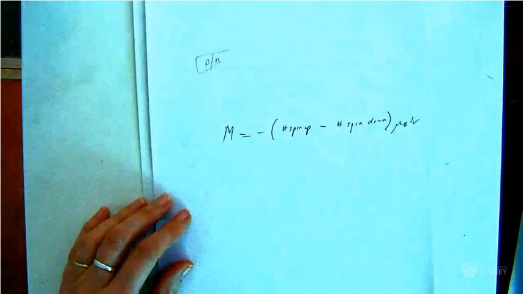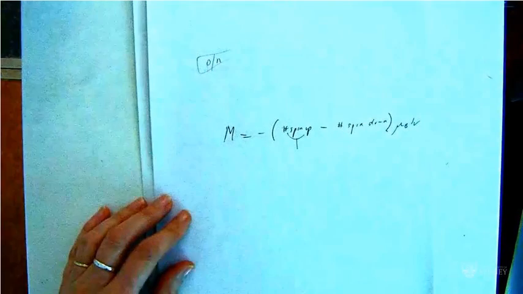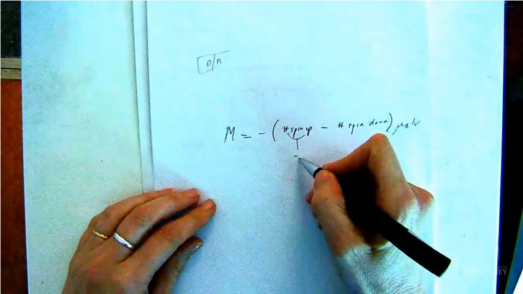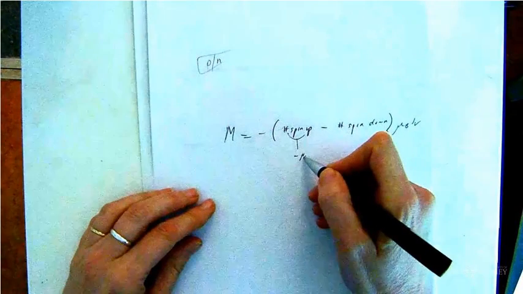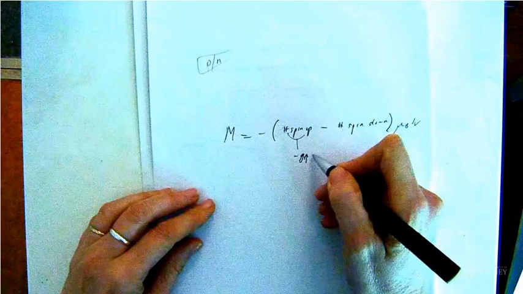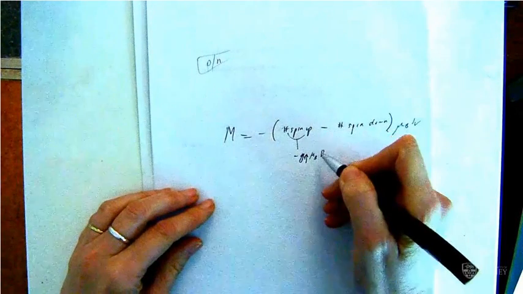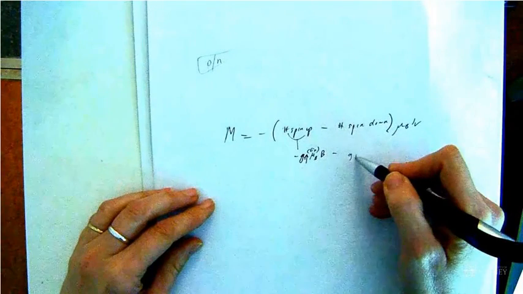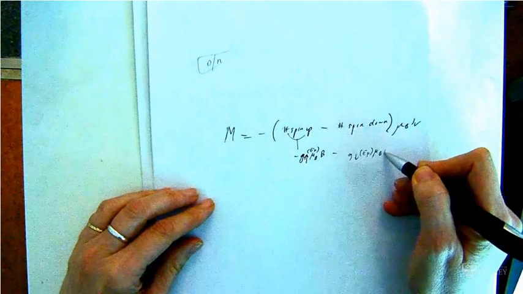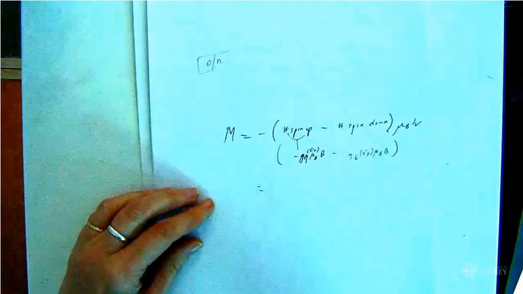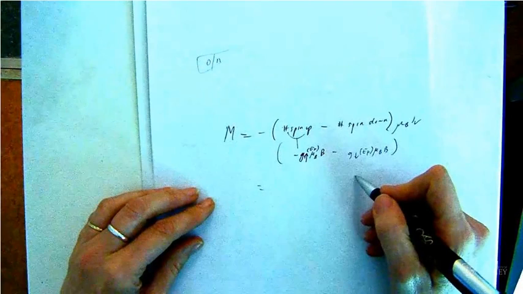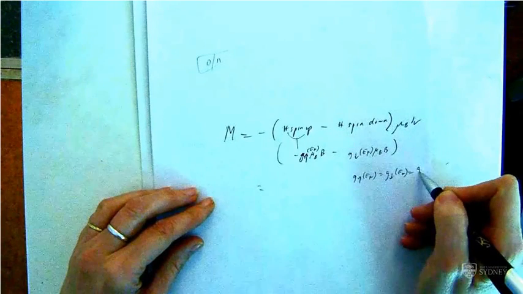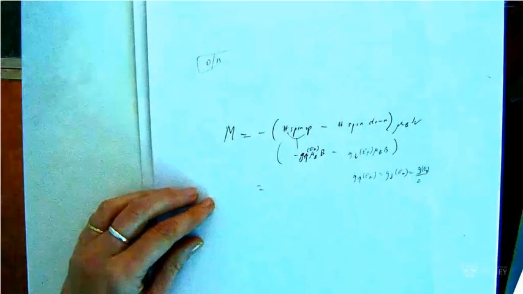And we know that the number of spin-ups, we know that we lost G up at the Fermi level times mu B B, and the number of spin downs was G down at the Fermi level times mu B B. And then we know that G up at the Fermi level is equal to G down at the Fermi level, and that's equal to G over 2, the total density of states over 2.